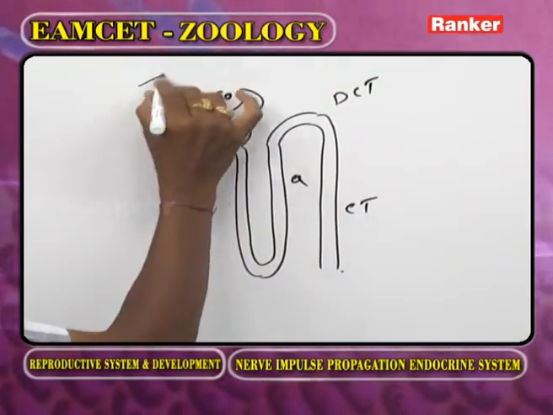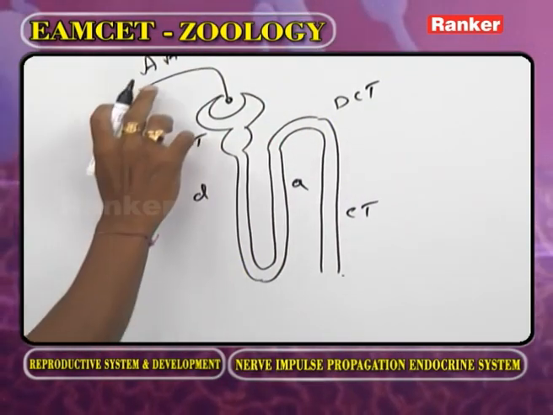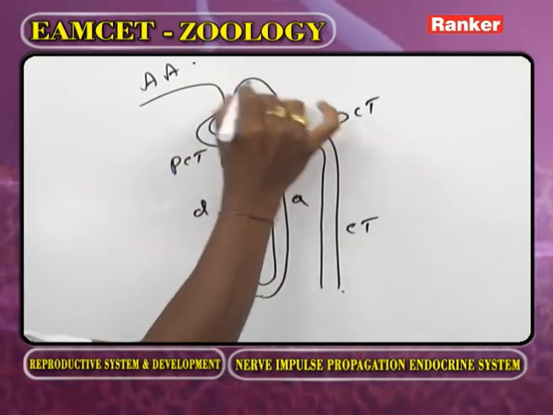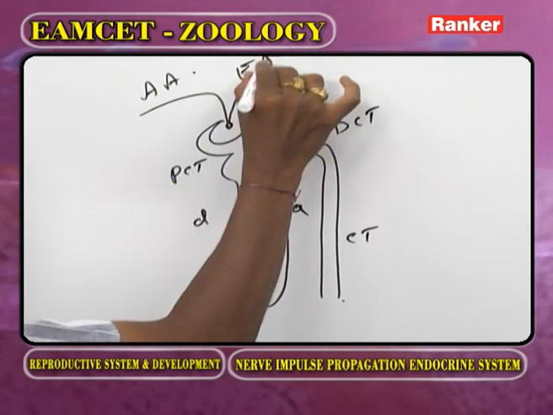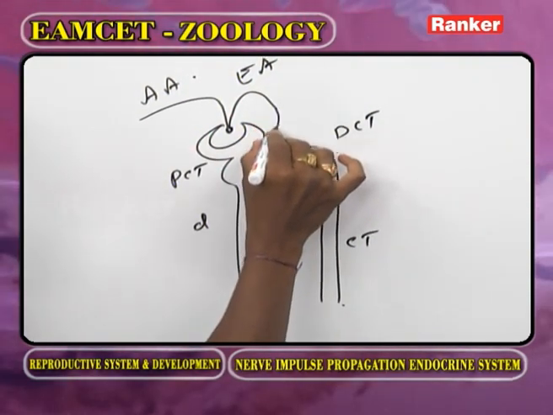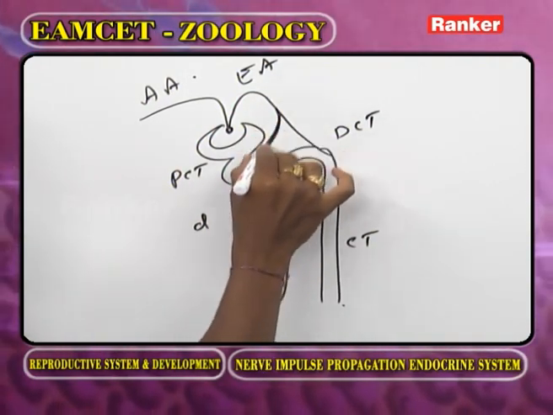This is the efferent arteriole. The afferent arteriole divides into capillaries, which unite and come out as the efferent arteriole. Part of the efferent arteriole divides into a bunch of blood capillaries.